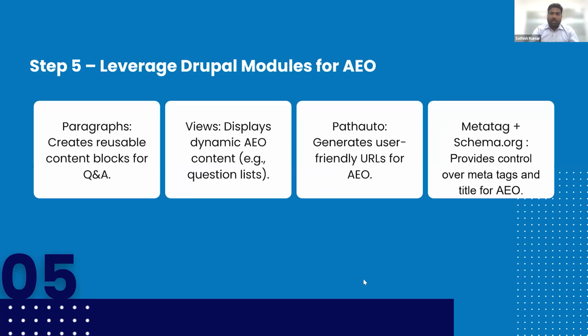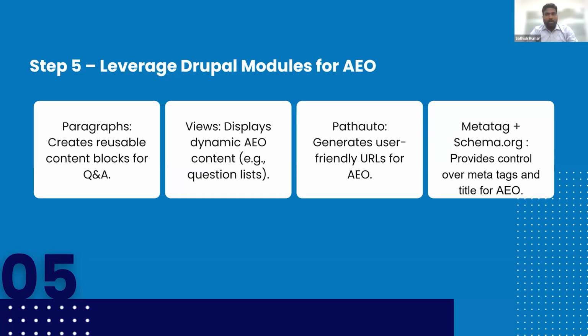These are the other modules that I'm talking about, which support Drupal for AEO. The first one is the Paragraphs module. If you look at it, the Paragraphs module has been creating these kinds of content blocks for AEO and QA sections, and you can easily add them with it. As I said, Views can be used to create these kinds of FAQs and how-to pages on your website.